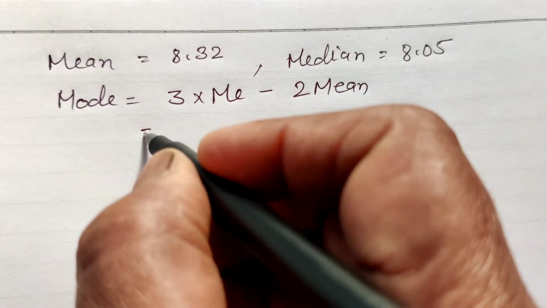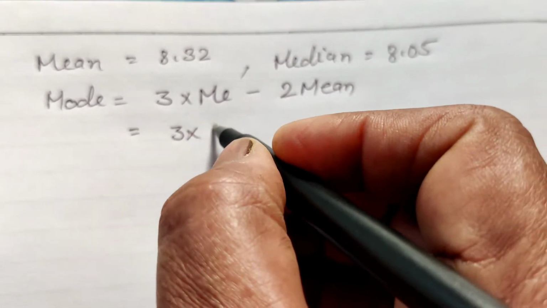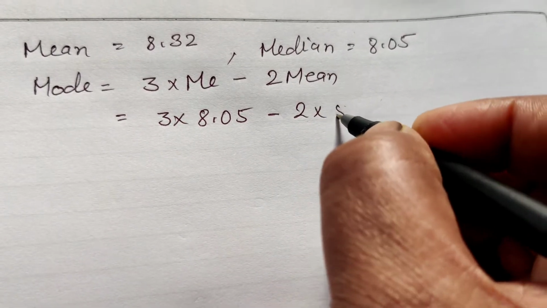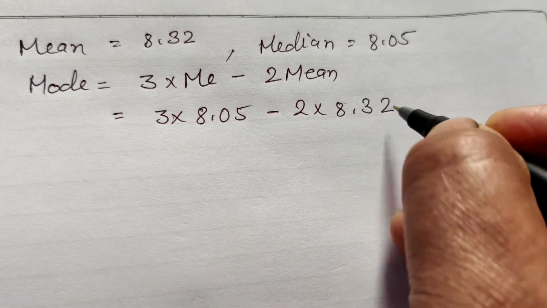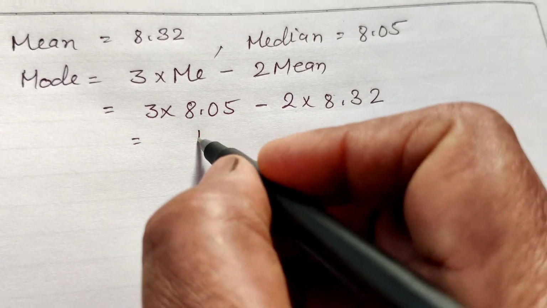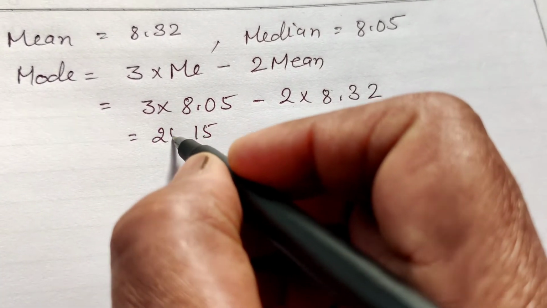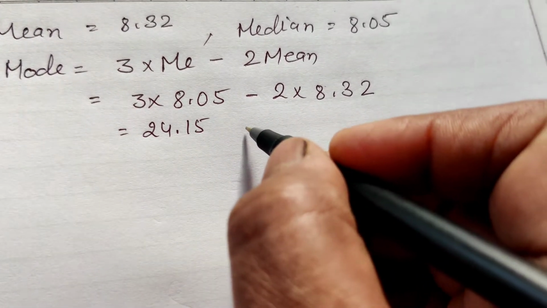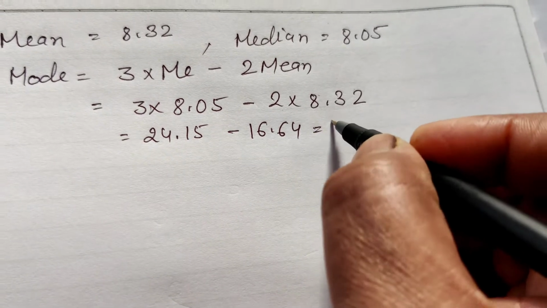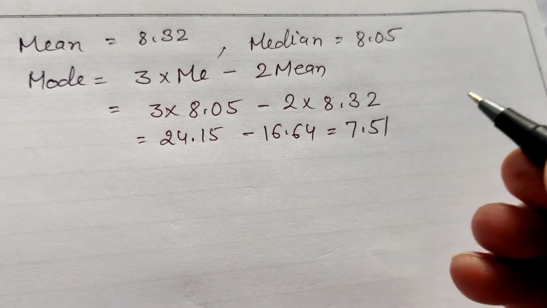So 3 into 8.05 minus 2 into 8.32. So we get 24.15 minus 16.64, 7.51. The mode is 7.51.